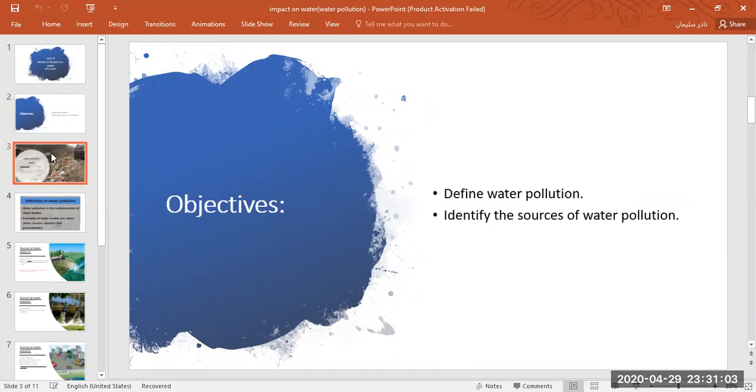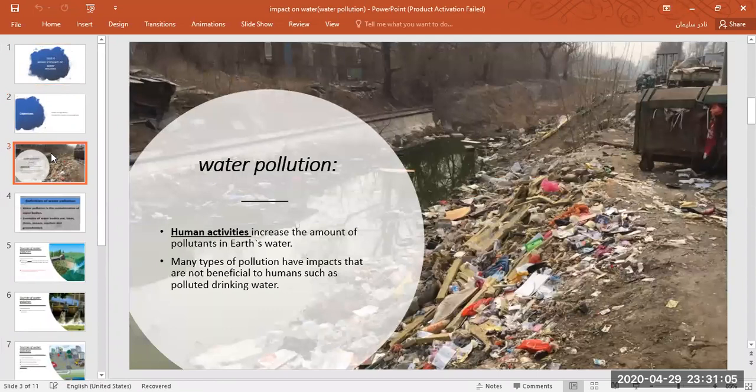As you know, most environmental problems and most pollution are caused by human activities nowadays. Human activities increase the amount of pollutants in the earth's water, and many types of pollution have negative impacts that are not beneficial to humans, such as polluted drinking water.